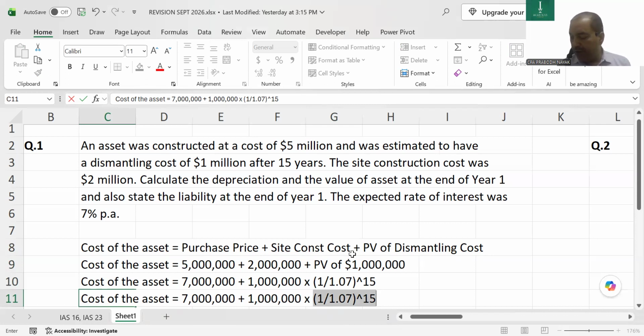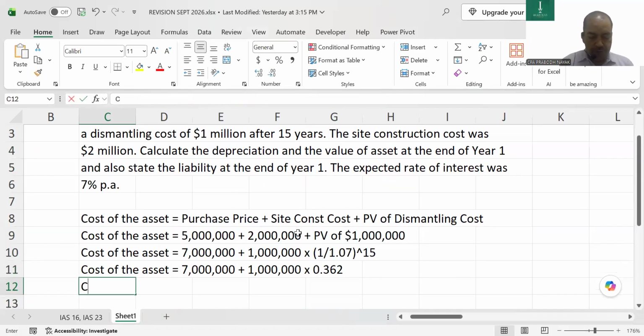Let us do it on the calculator: 1 divided by 1.07 raised to the power 15. It comes to something like 0.362.